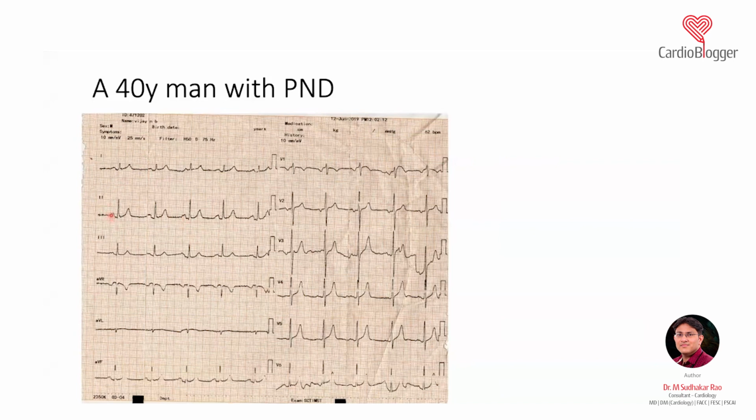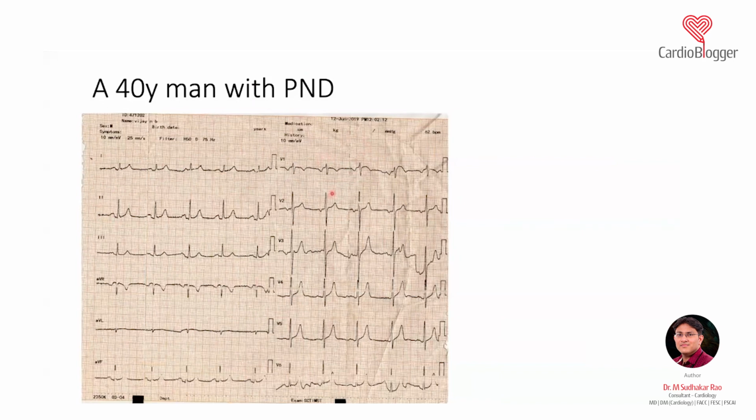The first deflection is usually of the left atrium, and the second deflection is of the right atrium, because the left atrium is depolarized first, followed by the right atrium. Similarly, in lead V1, the first positive deflection suggests the right atrium, and the second negative deflection suggests the left atrium.